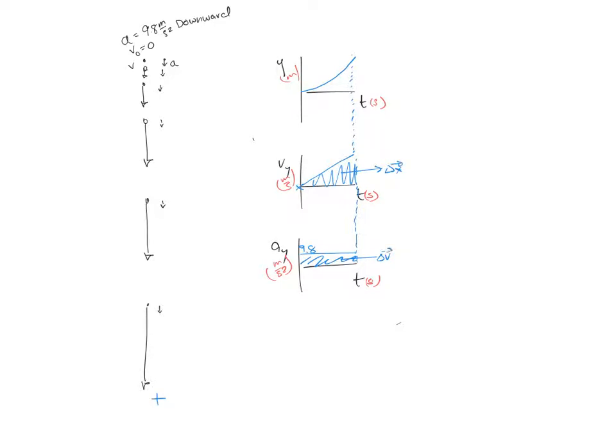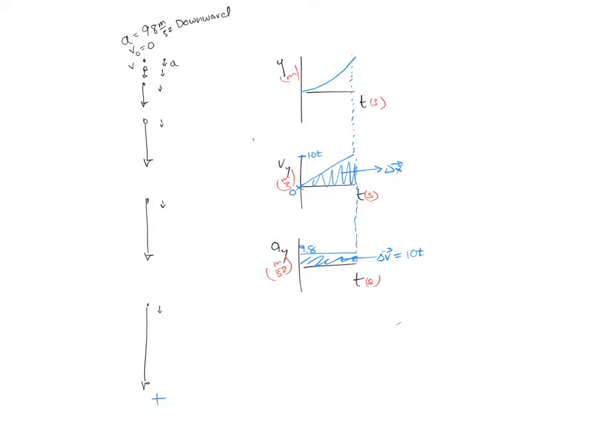So I know 10 times t is my change in velocity. That's the area of my acceleration graph, so my velocity here is 10t, because I started with 0 velocity, and my change is 10t in velocity.